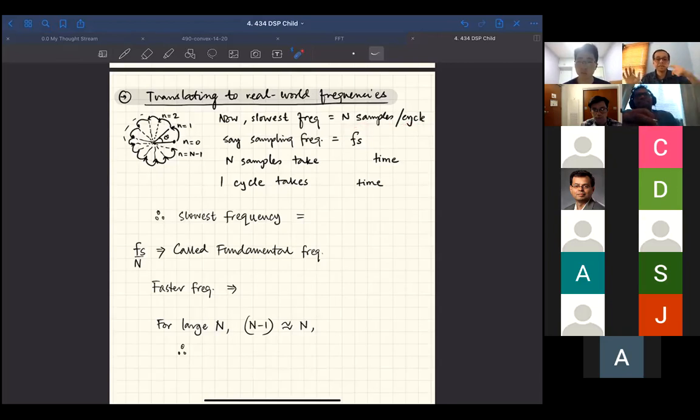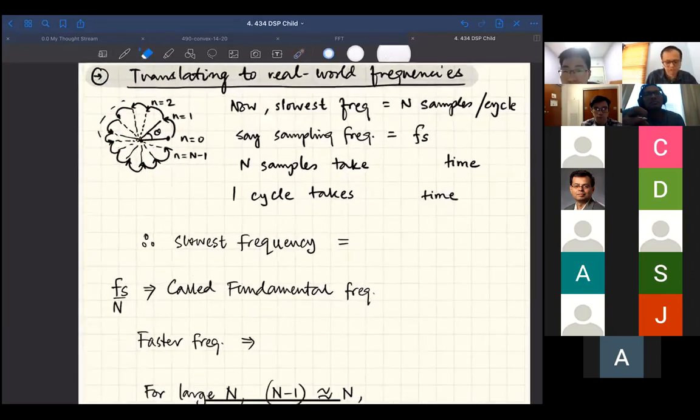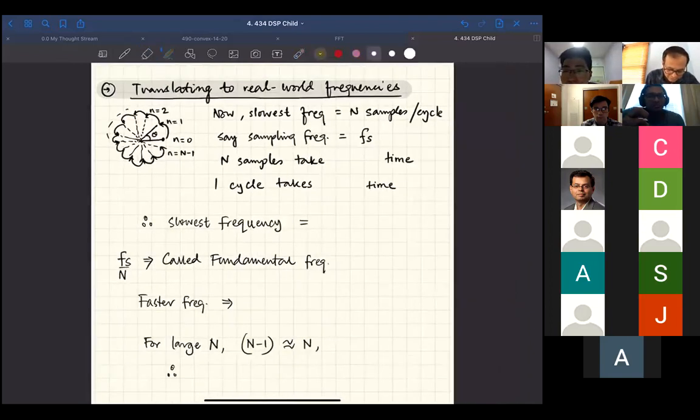That is this one. The stick was moving theta, 2 theta, 3 theta, so on, till n minus 1 theta. So n samples, actually this should be capital N. Oh yeah, no, this is fine. n minus 1 samples gives you 1 cycle.